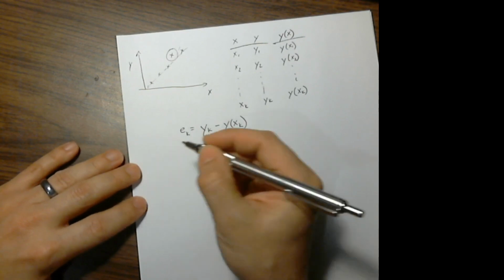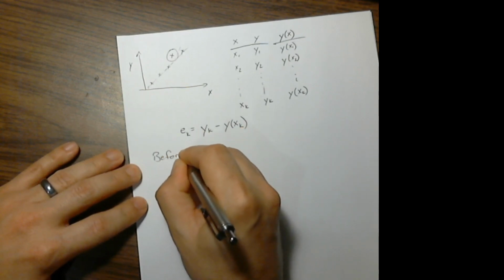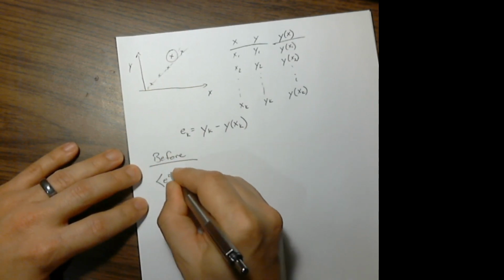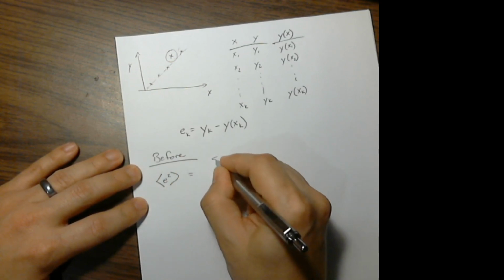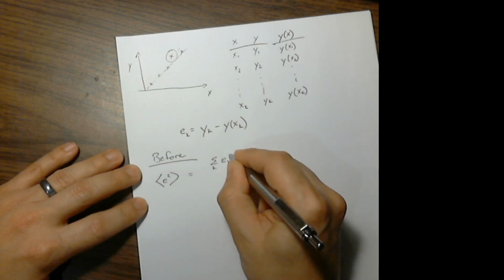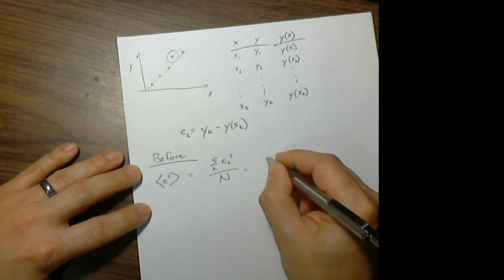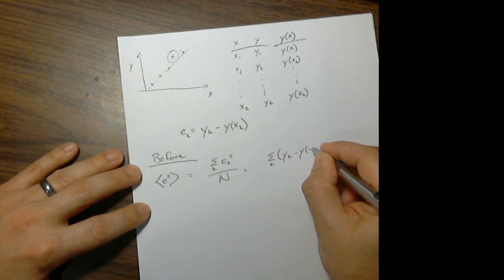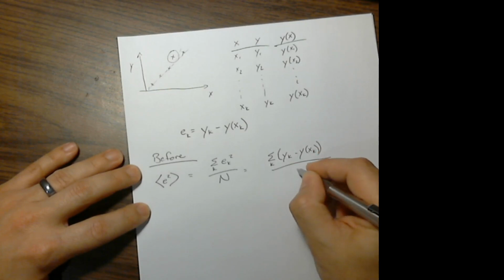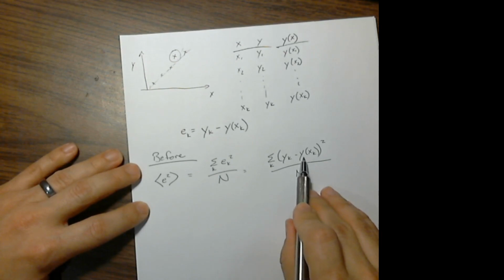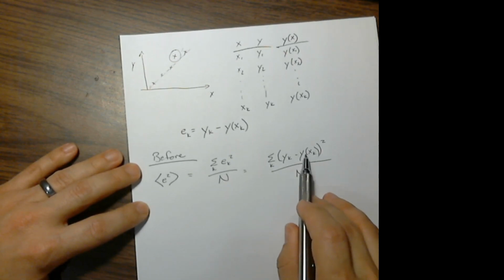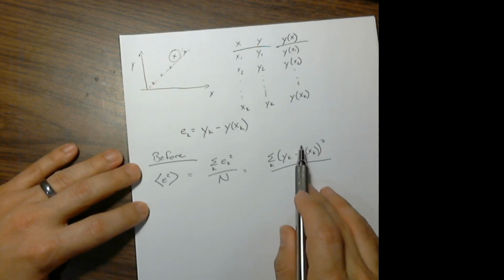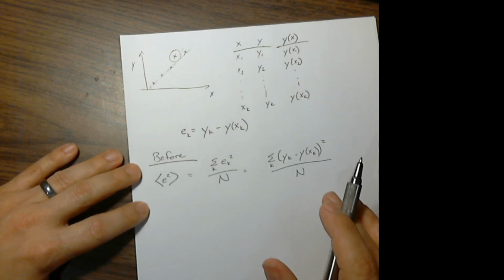So before, what we did was we said, and we need to minimize this sum by mucking around with the shape of y, by altering the coefficients inside of y until I finally get something that looks good.